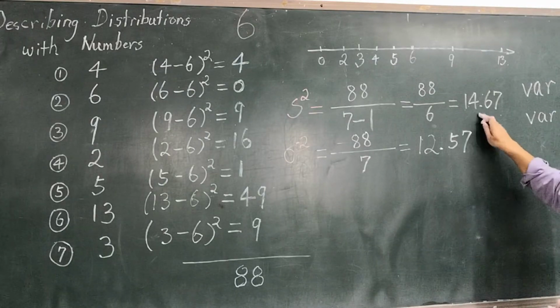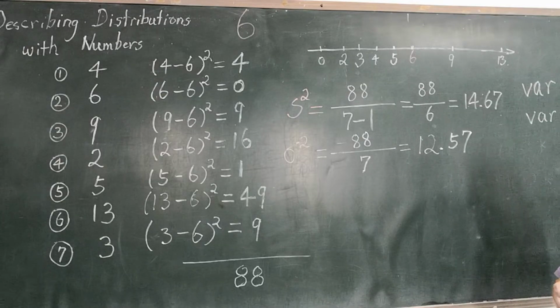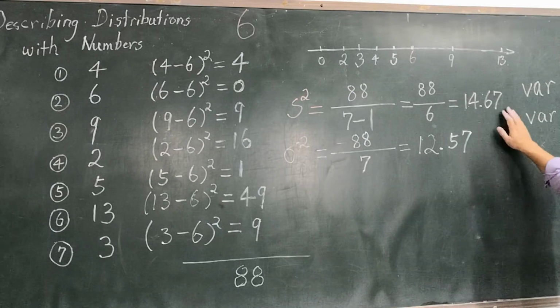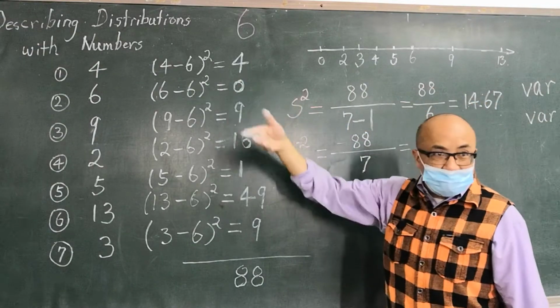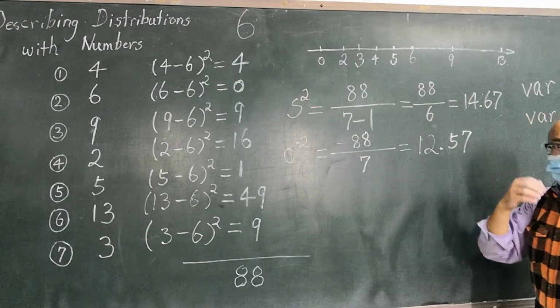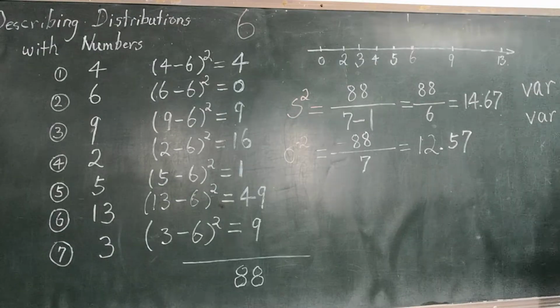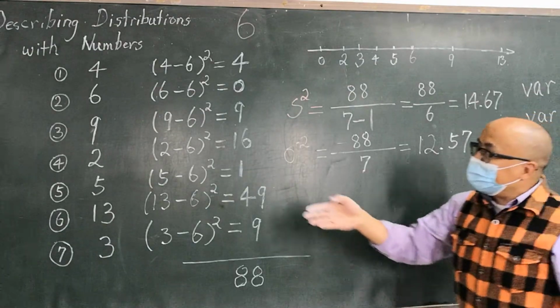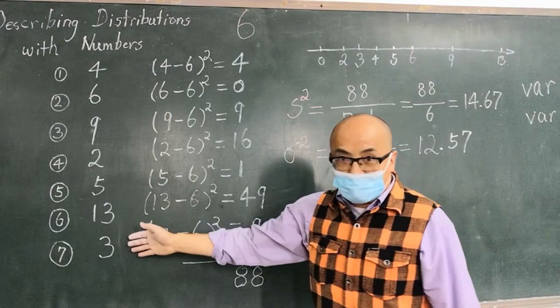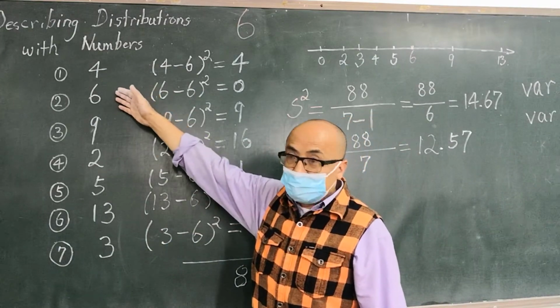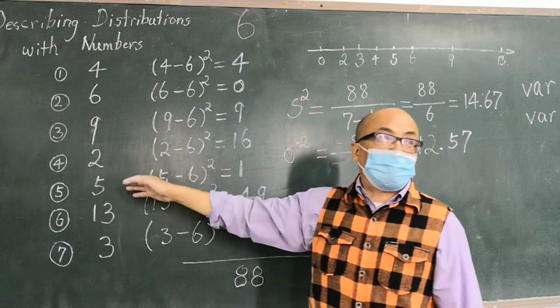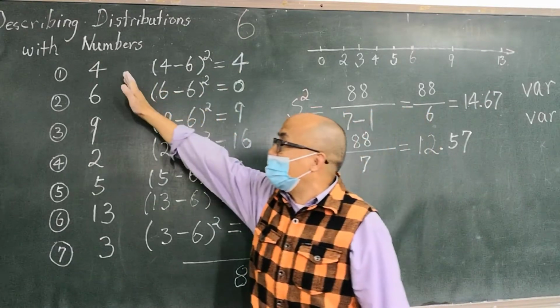This is a variance, and the unit, because there's a square, so the unit becomes strange. If these numbers are the housing price, let's say US dollar, not $4 to buy a house, don't get it wrong, okay?